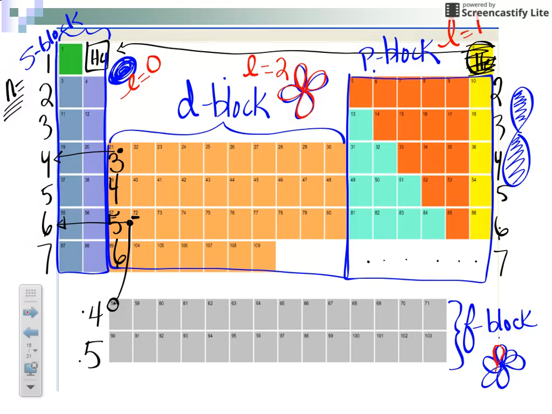And since we put 1, 2, 3 together for the F block, L is always equal to 3. So now we can see how to find N and L based on the position on the periodic table. M and S, we find by drawing our boxes and then putting the electrons in the boxes.